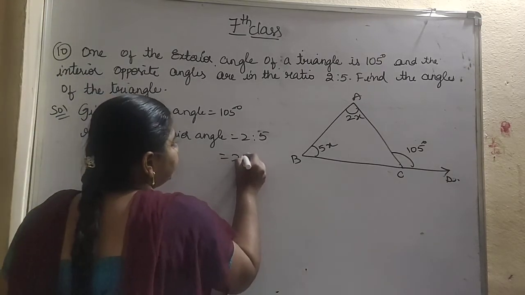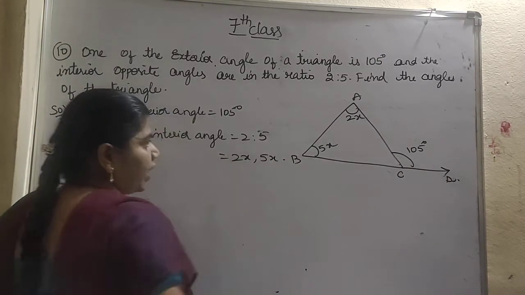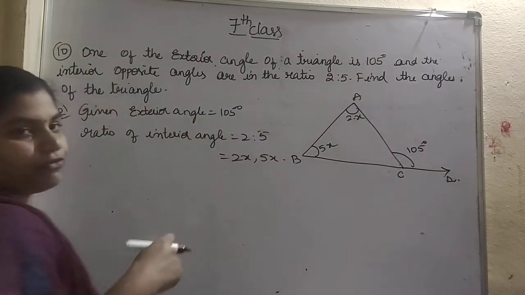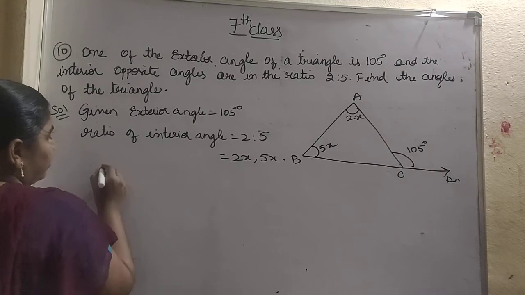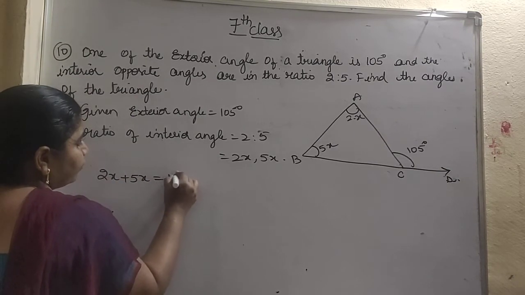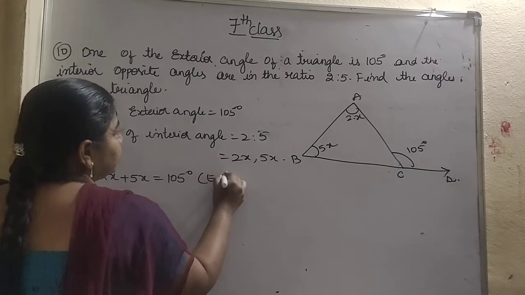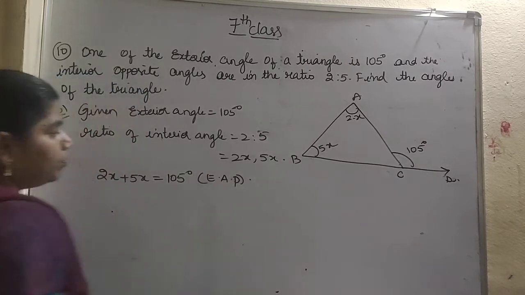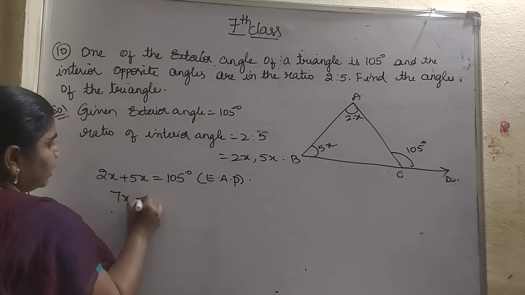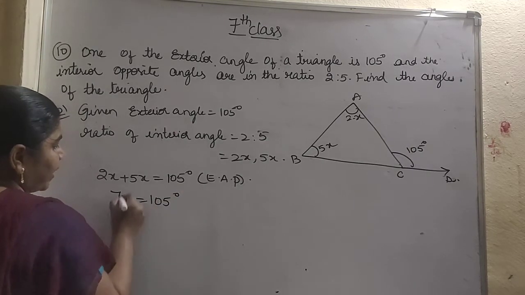So we can write here 2x and 5x. If you add these two, that should be equals to 105. So 2x plus 5x is equals to 105 degrees, that is by using exterior angle property. So 2x plus 5x will be equals to 7x equals to 105.